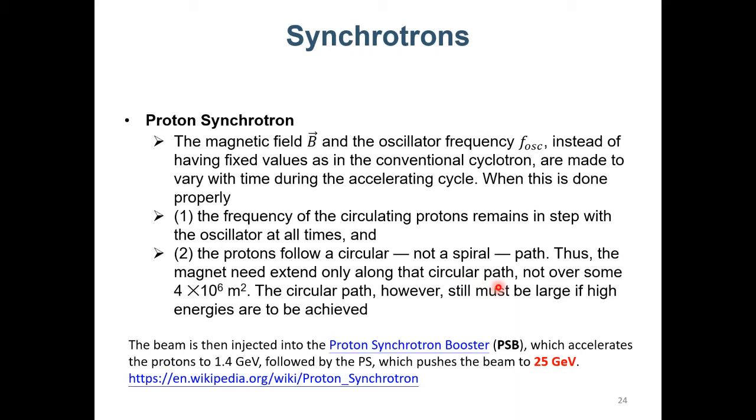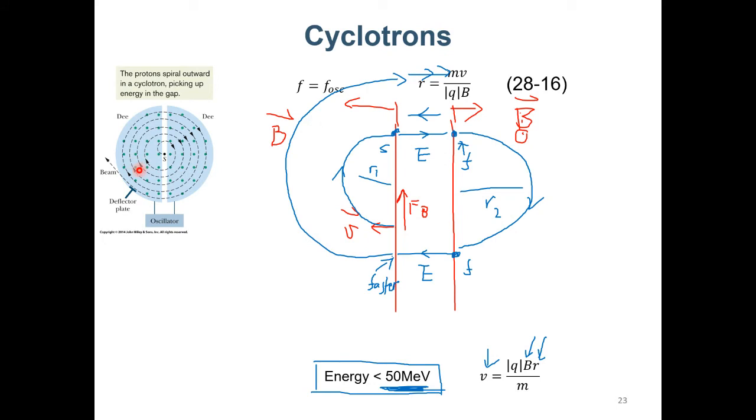So in this case, this is only a ring, so that we can provide a larger B field in this ring rather than over a whole disk. However, this needs to be more carefully controlled because we need to fix the R, which means that if the V becomes larger and larger, we also need to increase the B synchronously with this velocity.